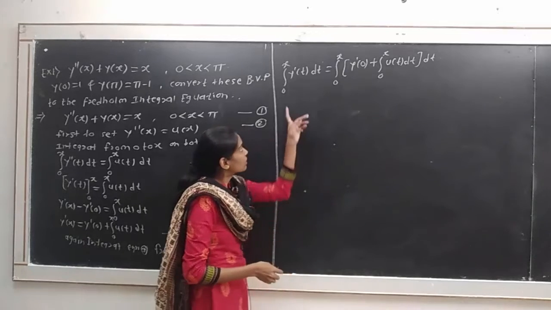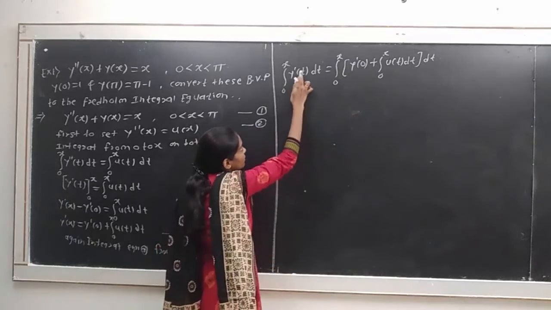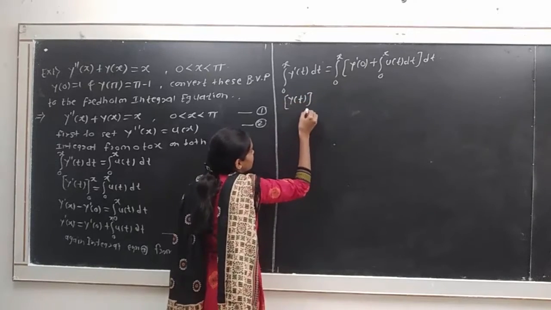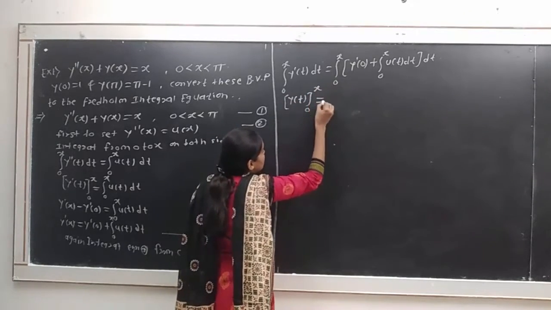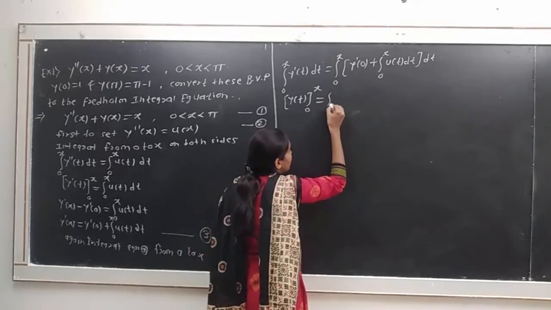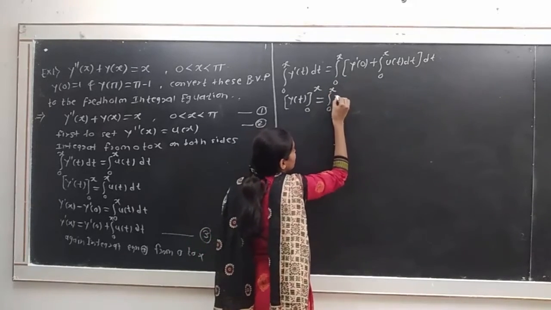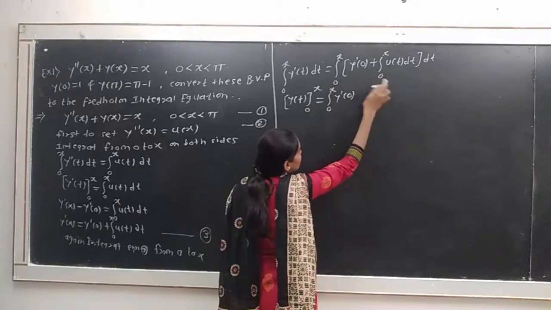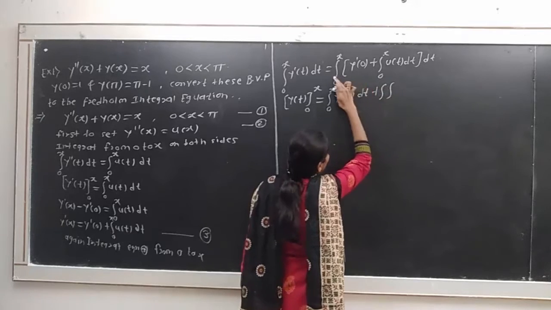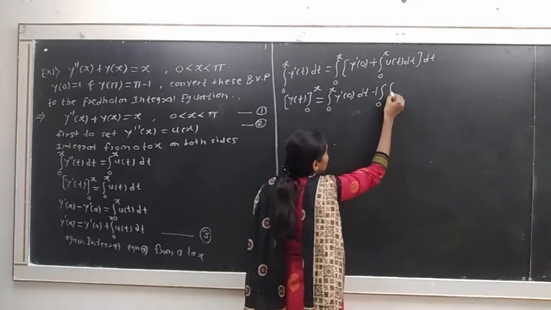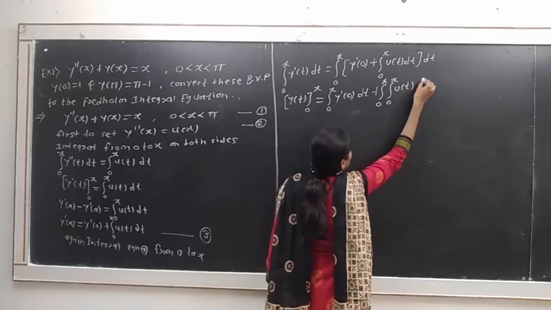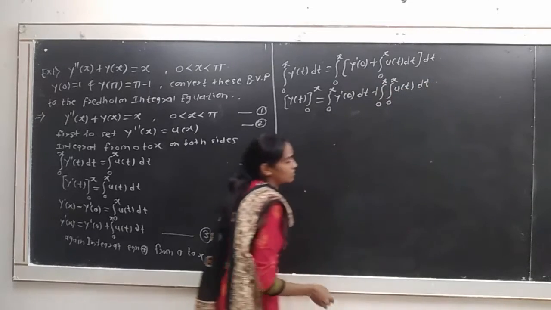Then the integration of y dash of t will be y of t from 0 to x, is equal to, and here we separate the integration: the integration from 0 to x of y dash of 0 into dt plus the double integral from 0 to x of u of t dt.